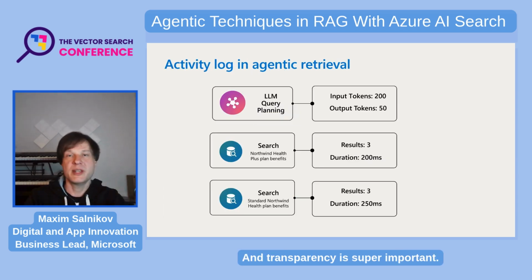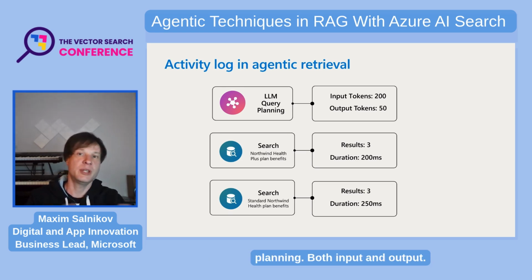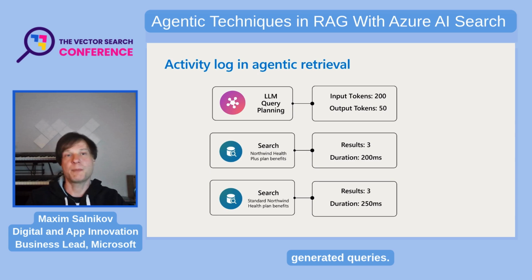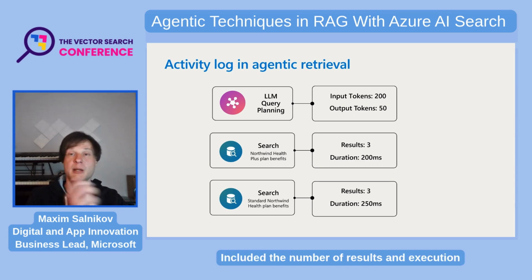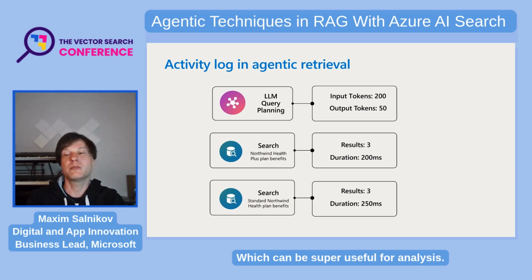And transparency is super important, particularly when considering resource usage. The activity log provides detailed insights showing token consumption for query planning, both input and output, and it also provides metadata for generated queries, including the number of results and execution time for each, which can be super useful for analysis.